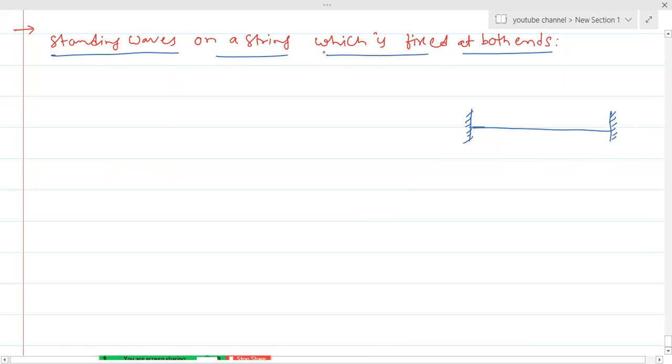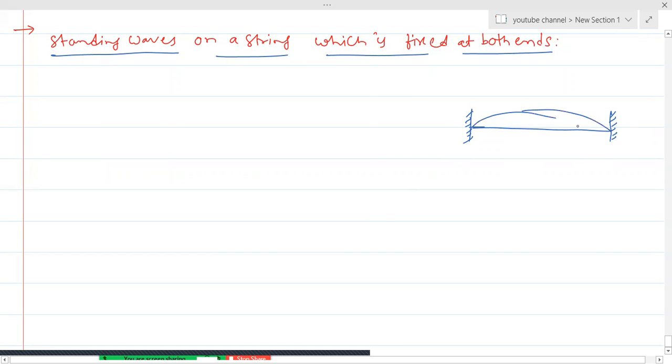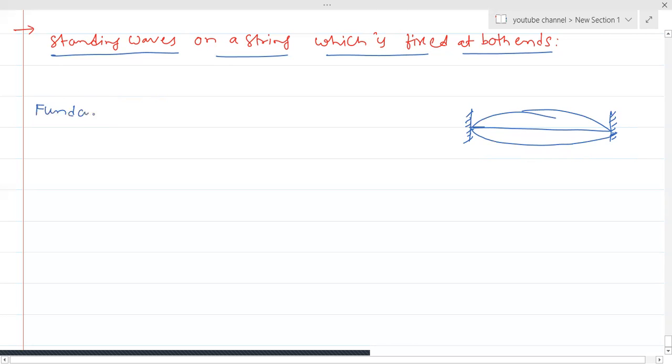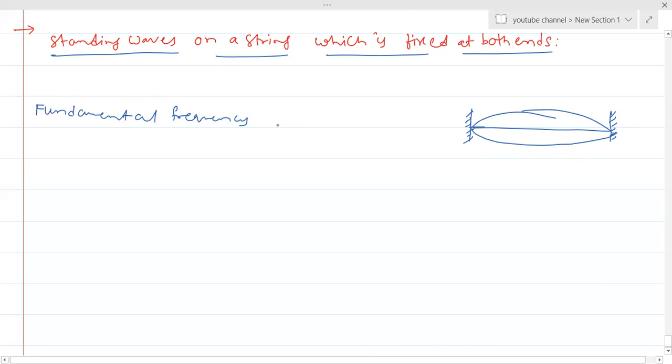We need to get the minimum part of the stationary wave. Suppose a wave starts like this. This is the minimum possibility of a stationary wave. So we used to call this the fundamental frequency, or we used to call this the first harmonic.